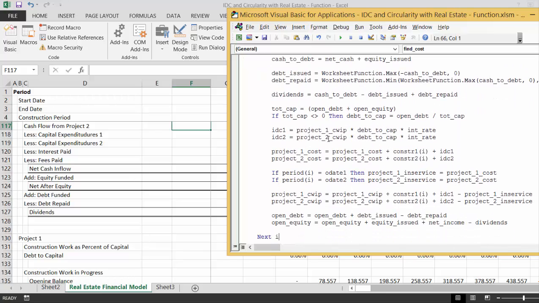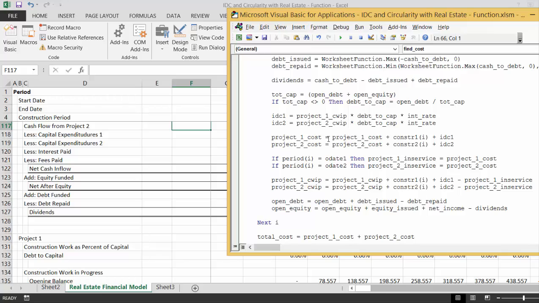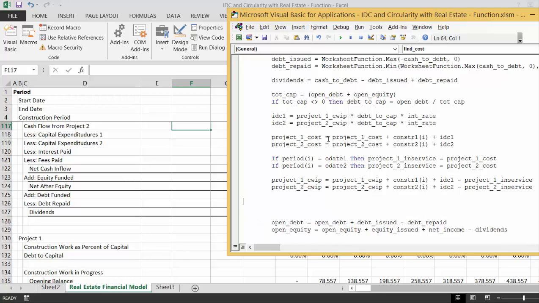To compute the net income, unfortunately, it's an incredible pain because we got to get the depreciation for both kinds of projects. I think we're just computing the capital, so how about project 1 depreciation equals project 1 in service times the depreciation rate 1.